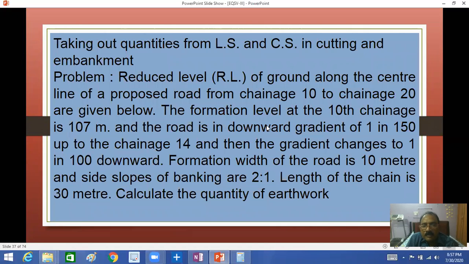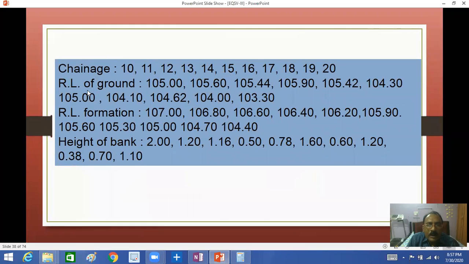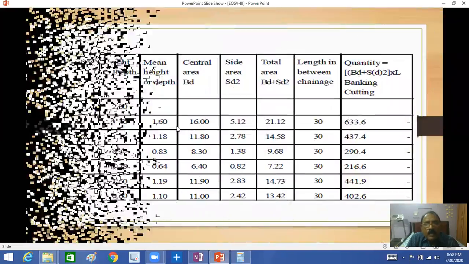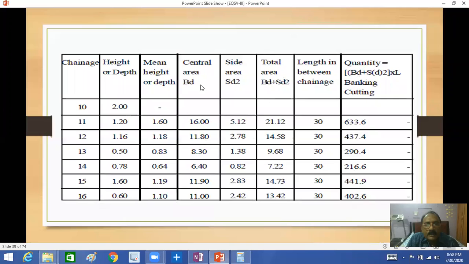In this way you have to calculate the total quantity of earthwork using the RL of ground and the RL of formation level. To get depths D1, D2, subtract the reduced level of ground from the formation level, giving heights D0, D1, D2, D3. Then tabulate chainage, height, mean height, central area, side area, total area and length. The length is given as 30 meters.